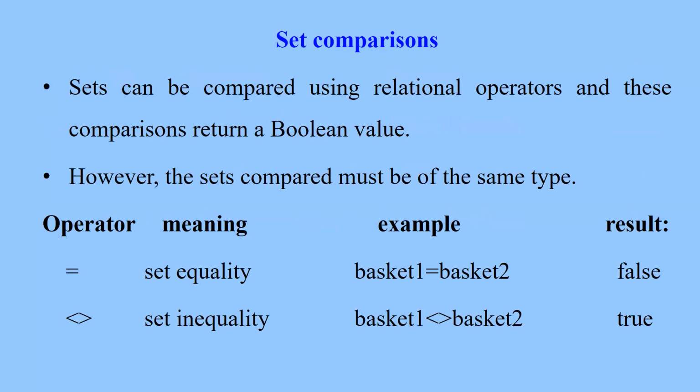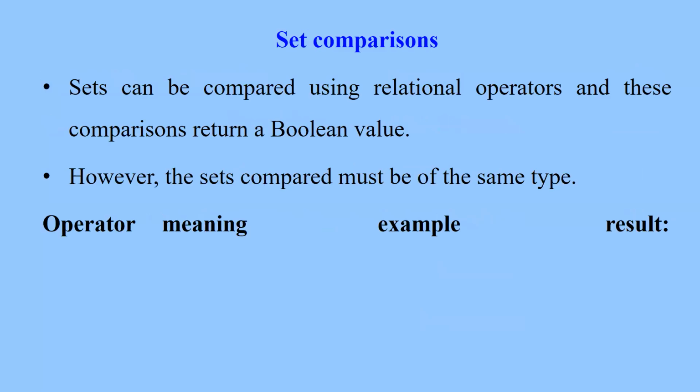Let's have a recap of these operators. So the first one is set equality. We can read this statement as follows: basket 1 contains the same members as those of basket 2, the exact same members.